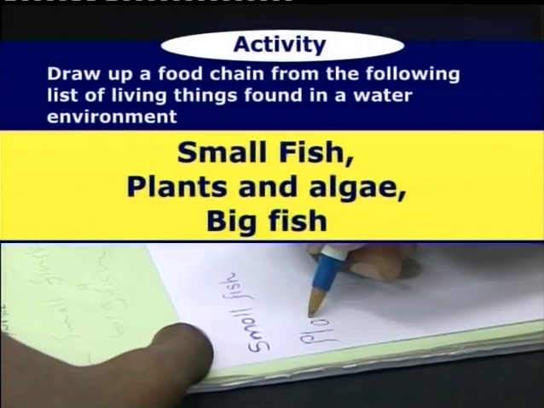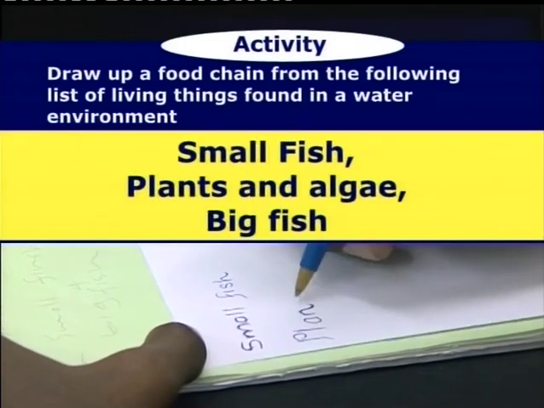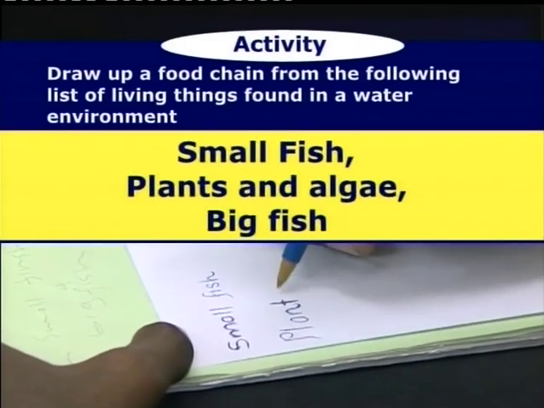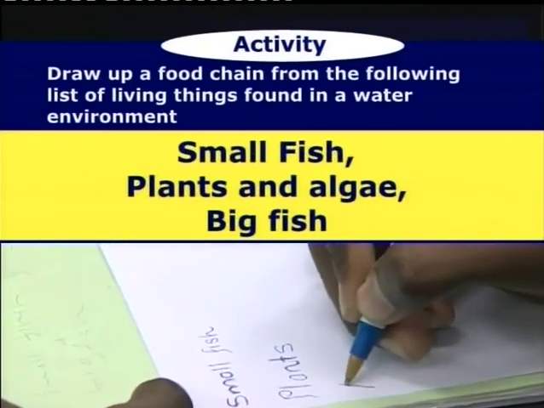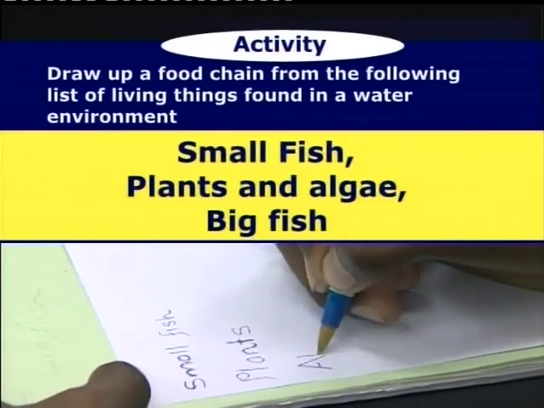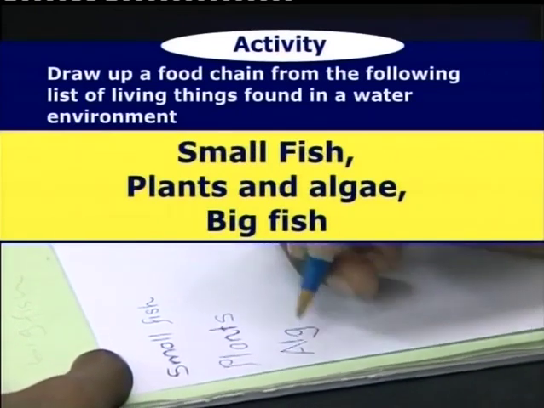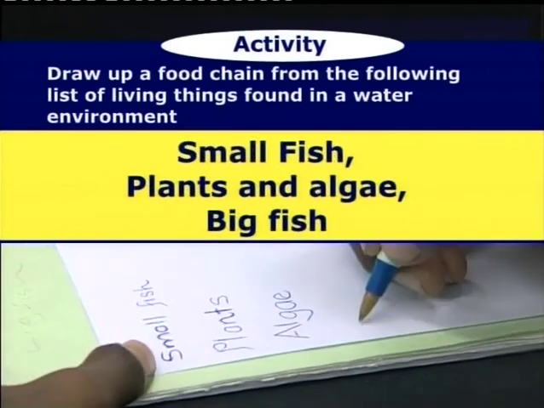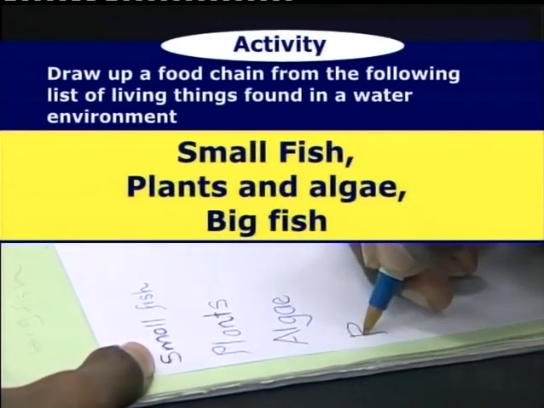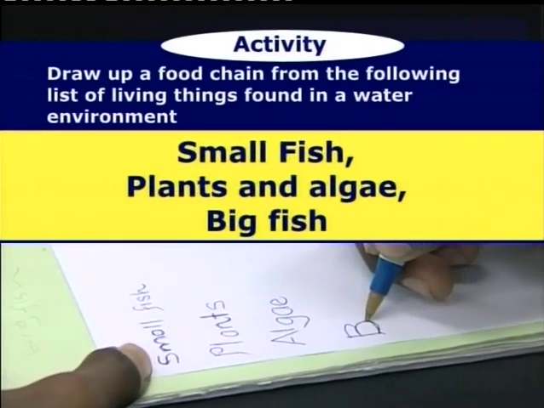All right, we got the first one down. Evelyn is going to write up the first one. That's small fish, plants and algae, and big fish.